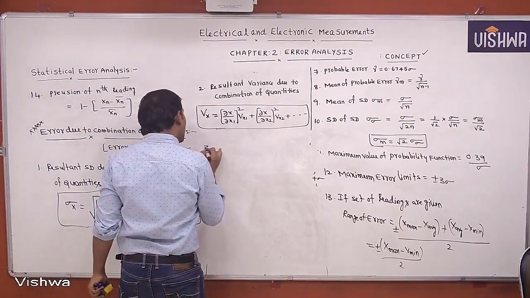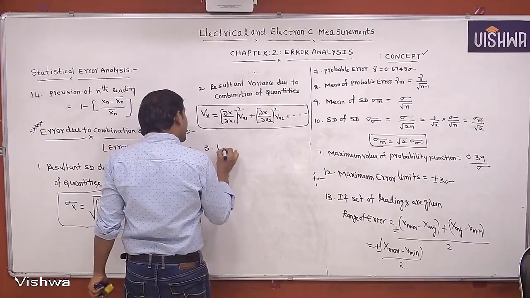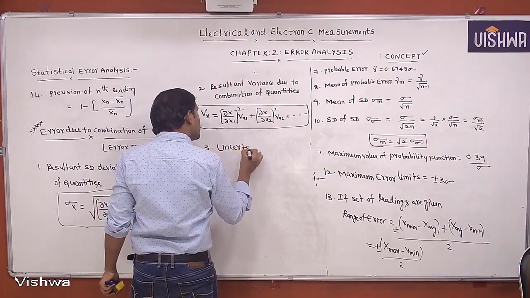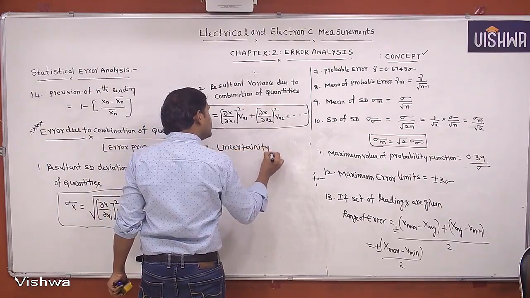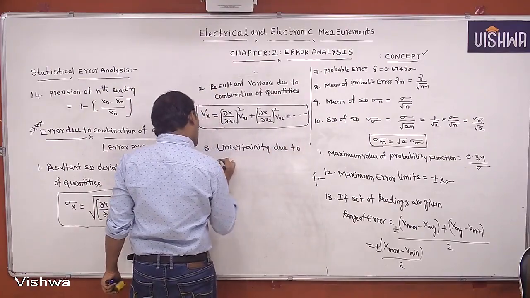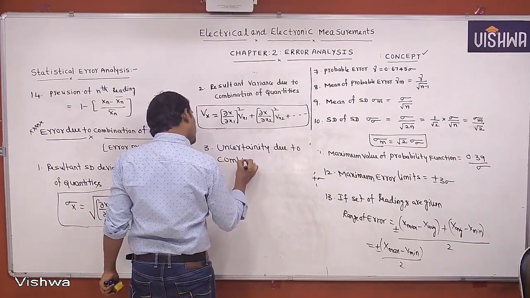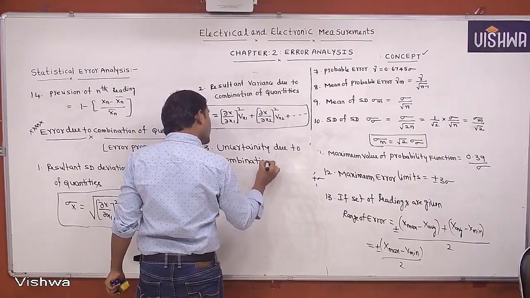You also write uncertainty due to combination of quantities. How to calculate uncertainty due to combination of quantities?